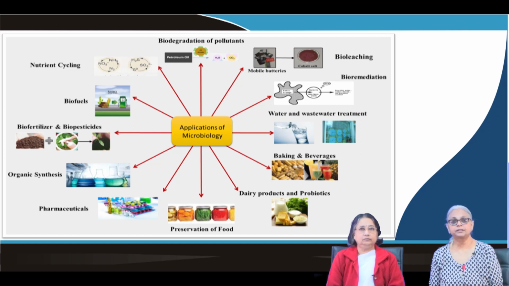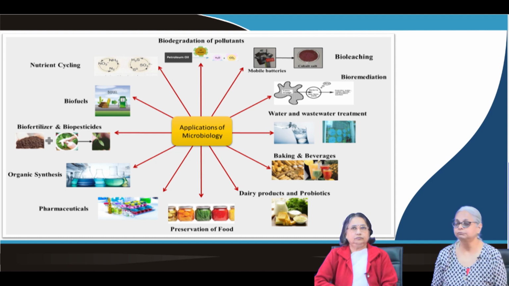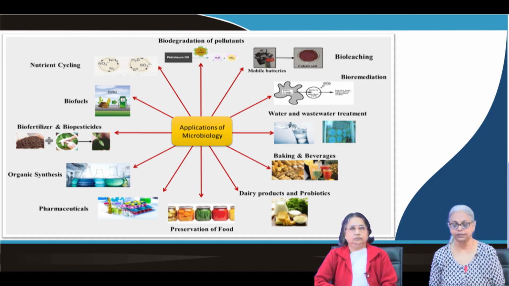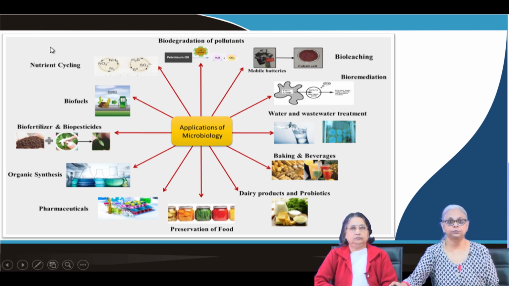So, in this slide, what I would like to introduce to you is the infinite number of applications that environmental microbiology has. And I would like to start with one of the biggest natural applications of microbiology.